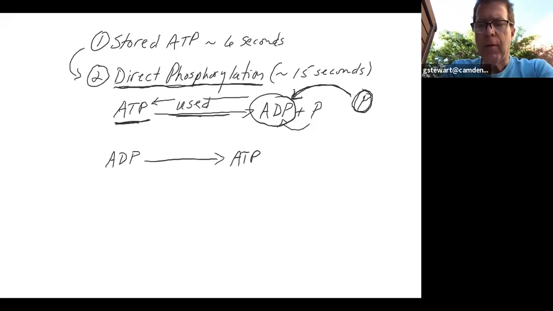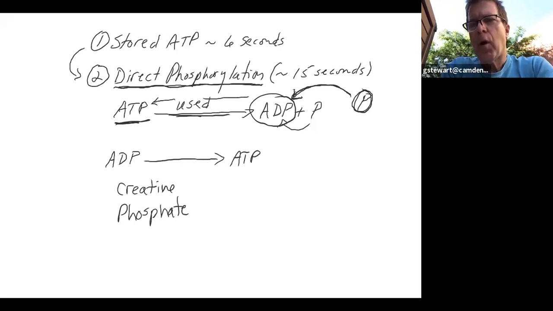And we use something called creatine. Our body uses something called creatine phosphate to do that process. This is where we're going to get that phosphate and stick it back on ADP. But there's an enzyme that is used for this process.